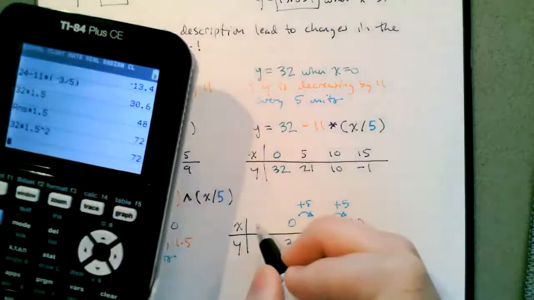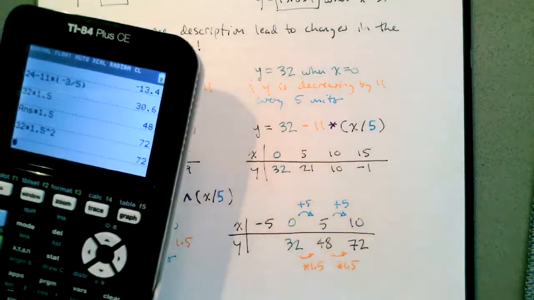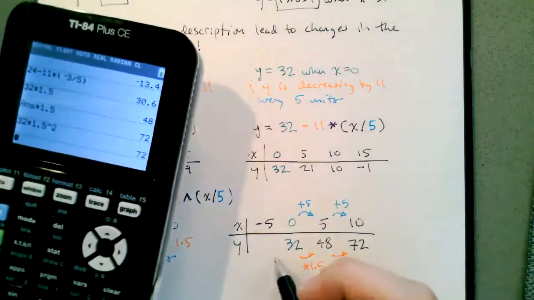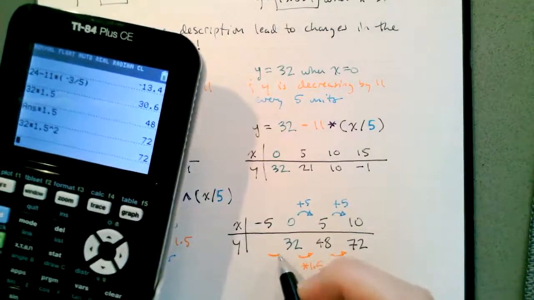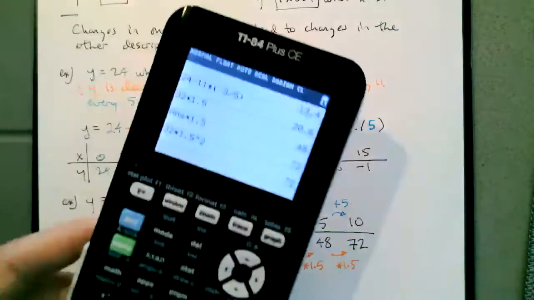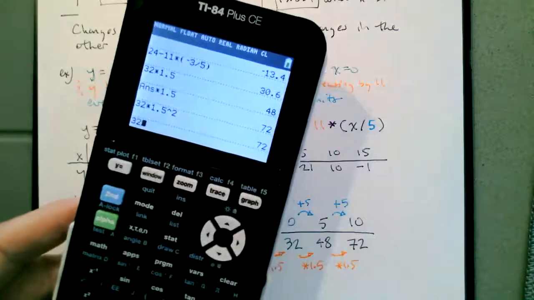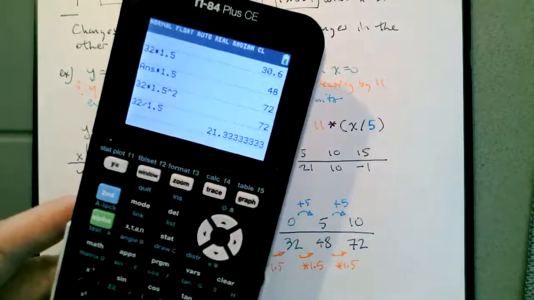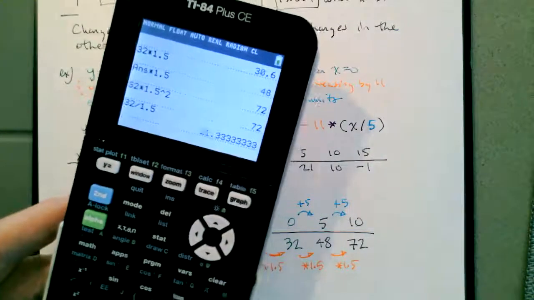I can see what's going on at negative 5. And to figure out, if I'm saying what times 1.5 is 32, I can figure that out by going backwards. 32 divided by 1.5 means we must start off at 21 and a third.